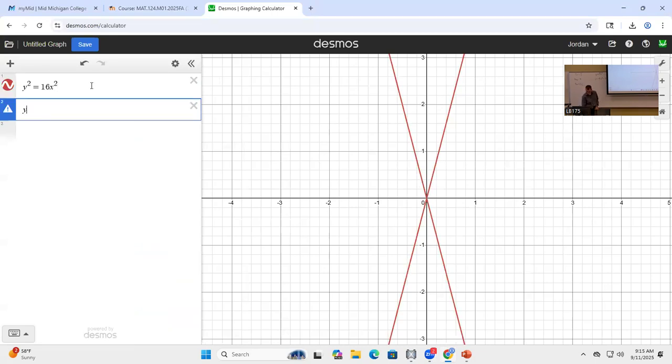And one of them is going to be y is equal to 4x, because that's the positive square root side. And then the other, y is equal to negative 4x, that's the negative square root side. Okay, so that's why you get both of those. So y squared is equal to 16 times x squared is not linear.